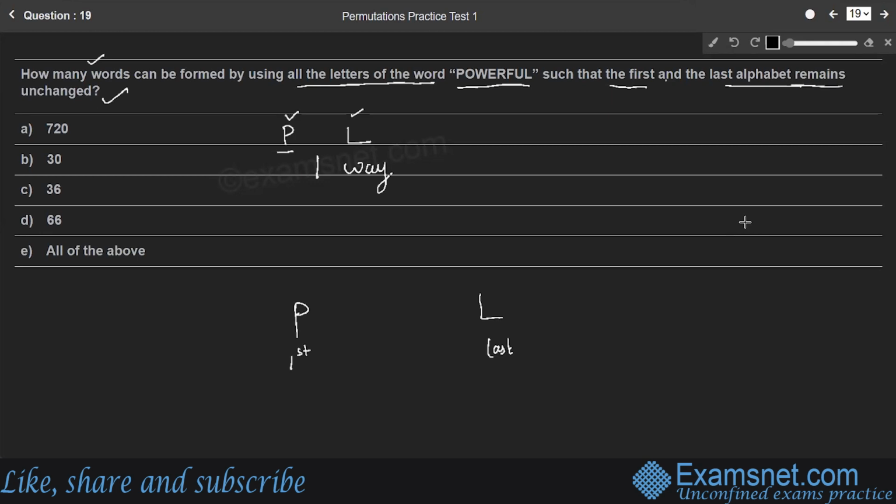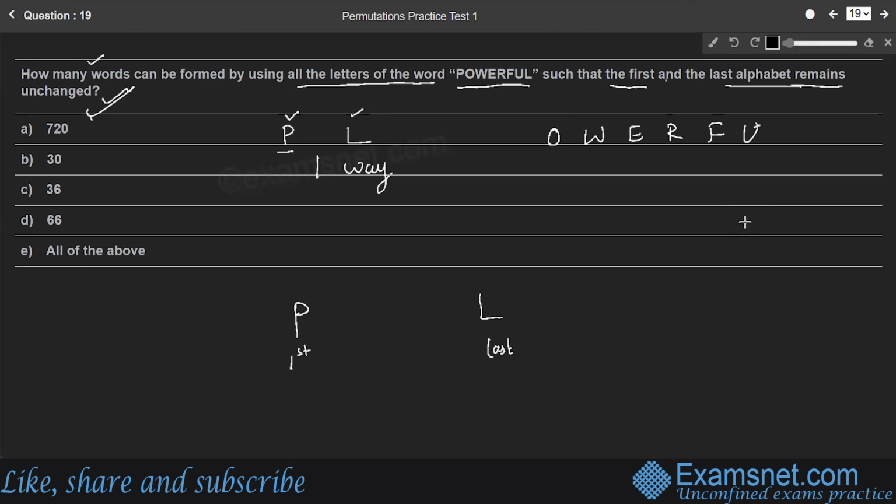That's the information given in the question. So the first and the last alphabet remains unchanged. There is only one way to arrange P and L letters. And the remaining letters are O, W, E, R, F, and U. There are 6 letters.